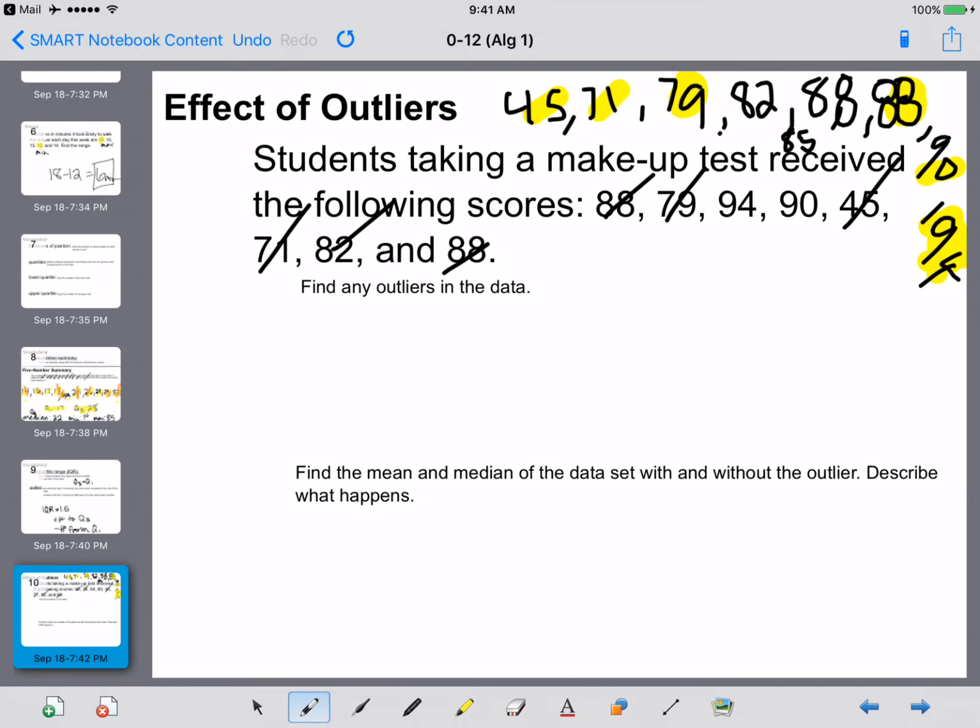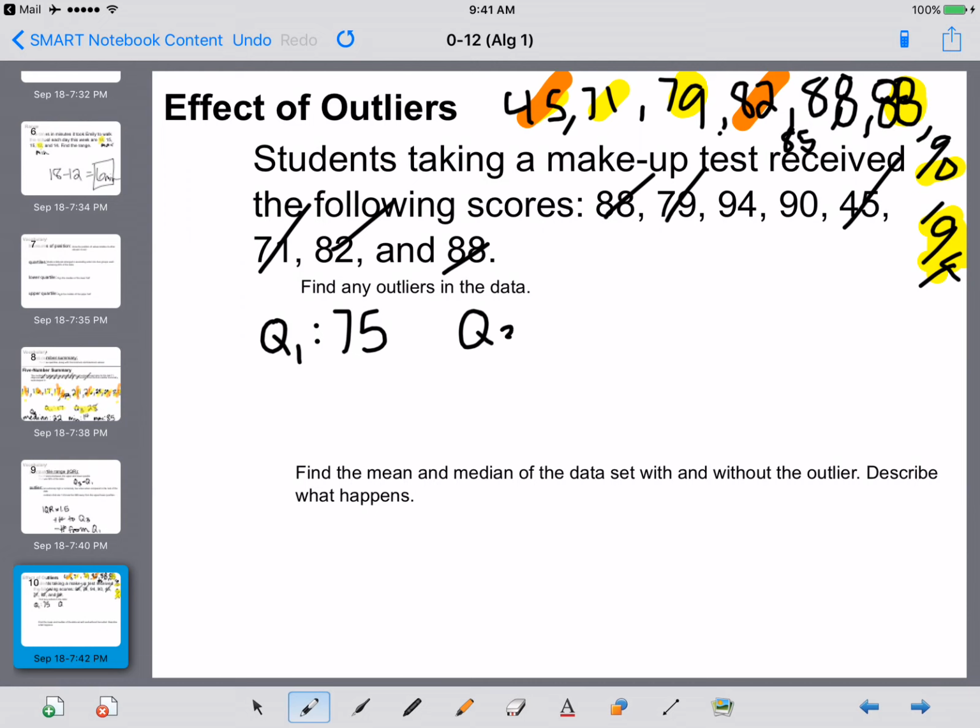Then, to figure out our quartiles, we don't include our median, but we're still going to use this 82 here. So our quartile 1, I'm going to use orange. We cross off 82, 45. It's somewhere between 71 and 79. So 71 plus 79 divided by 2 gets our quartile 1 to be 75.